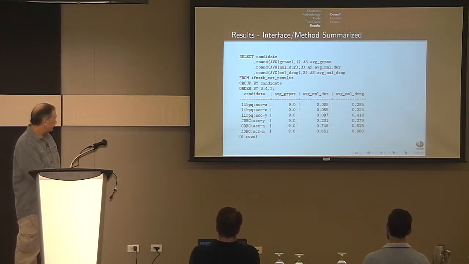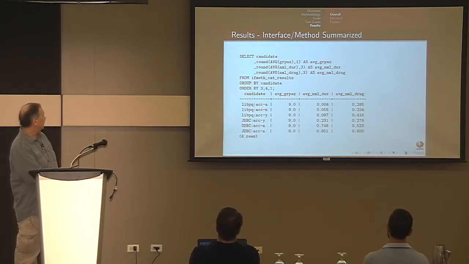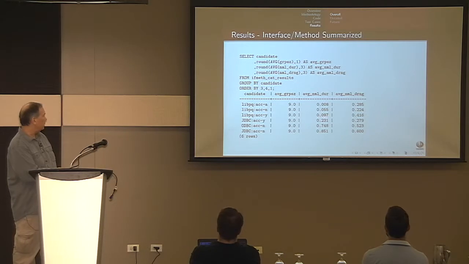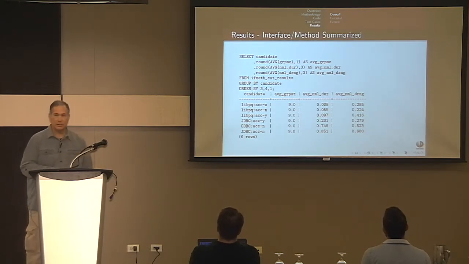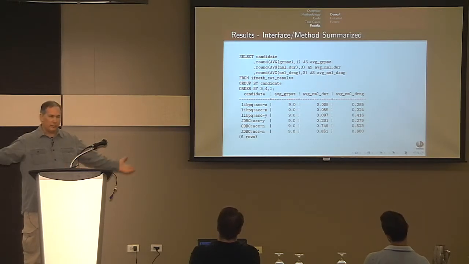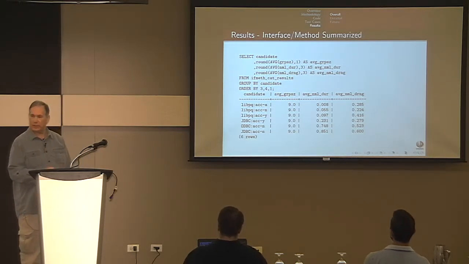I thought I had sorted these, but apparently I did, just not reading it right. So the normal interface for libpq actually came in second, and the copy interface came in third for libpq. So libpq, hands down, if you take all of this stuff as an aggregate, is the fastest interface.